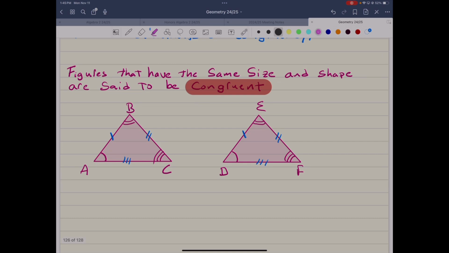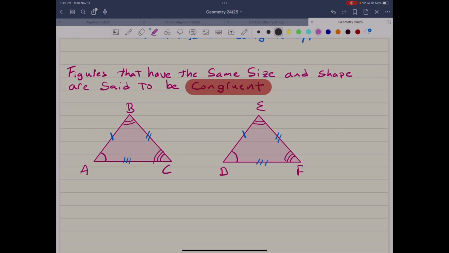Okay? So if we take these two shapes, and I do want you to get these two shapes in there, we've got two triangles. Now we've talked about congruency and how we mark things congruent before. So remember, we mark angles congruent with arcs.